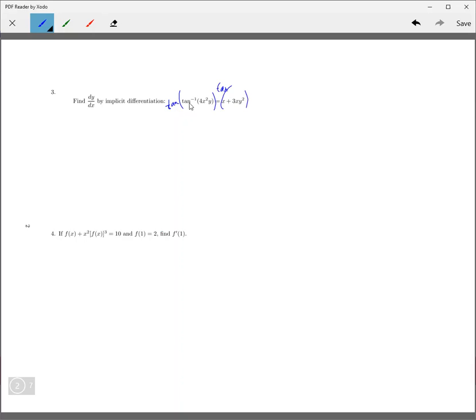Then tangent of inverse tangent just ends up being what's inside. And over here, we're going to have tangent of x plus 3xy squared.